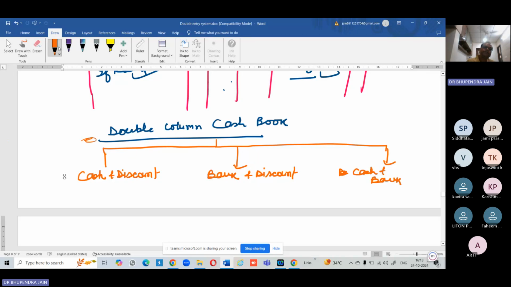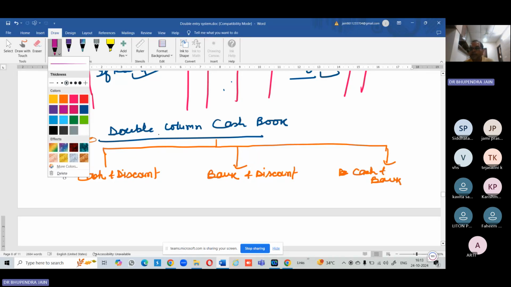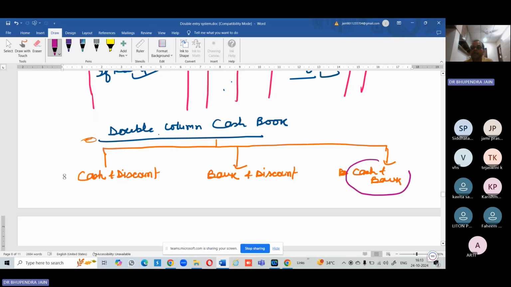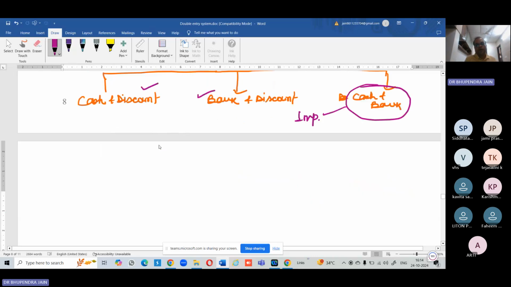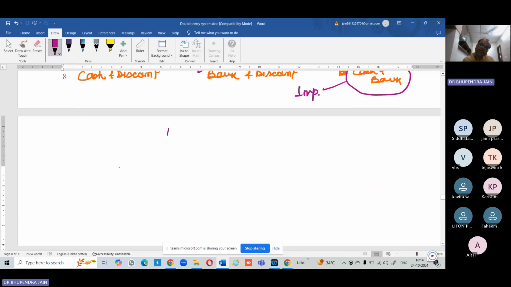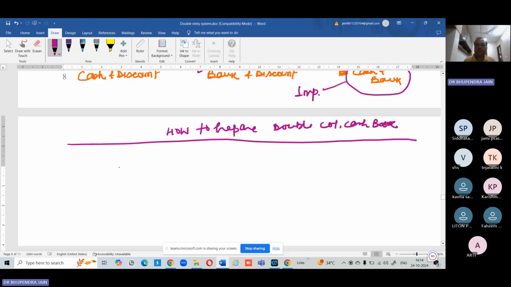But practically, the cash and bank column cash book is the most important concept in comparison to bank and discount column and cash and discount column. Now I am discussing how to prepare a double column cash book.